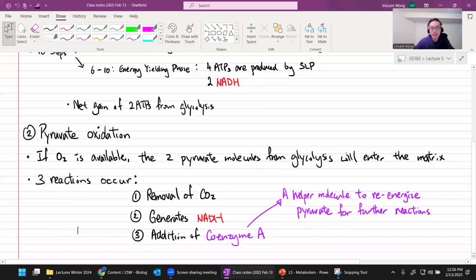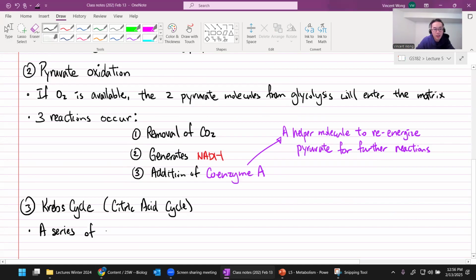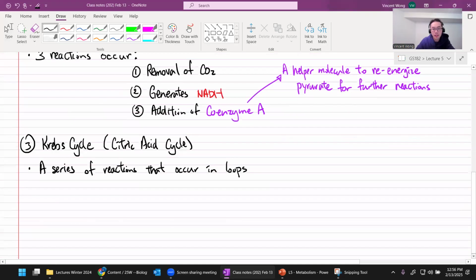All right, next step. Next step we have the Krebs cycle. And the Krebs cycle is also known as the citric acid cycle. This is a series of reactions that occur in loops, if you would.